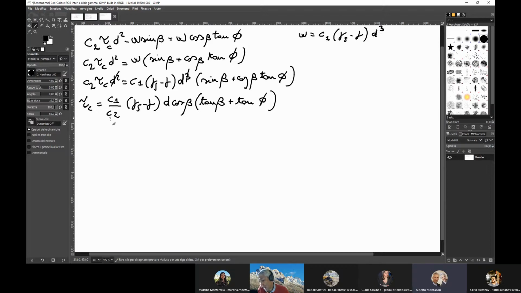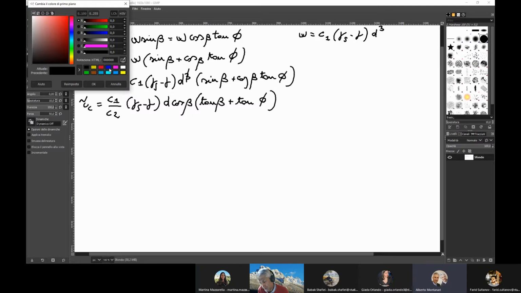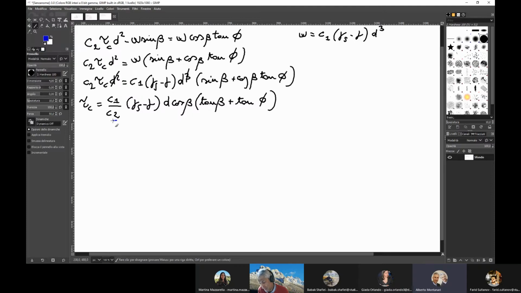Now, C1 and C2 depend on the shape of the particle. They only depend on the shape. And so let's take C equal to C1 divided by C2.